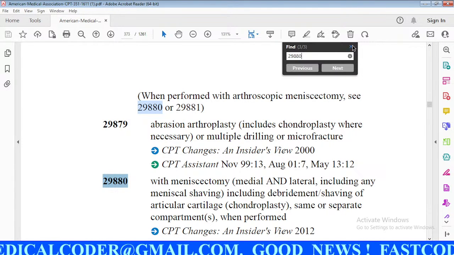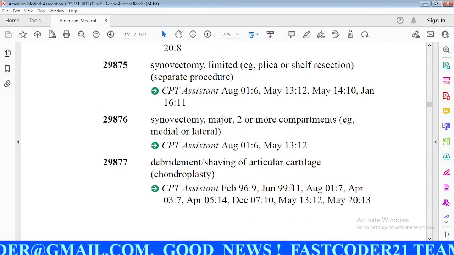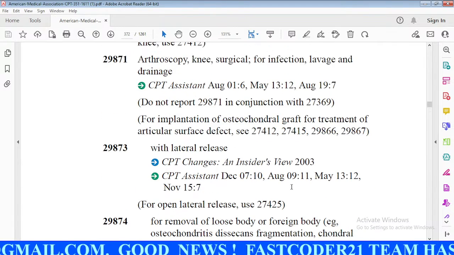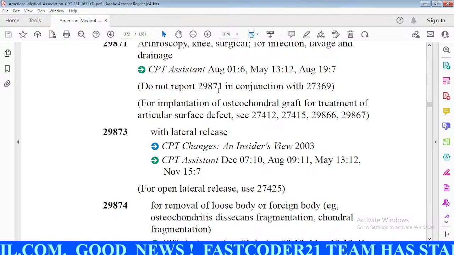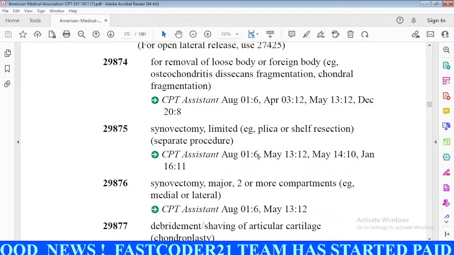Arthroscopy, knee. So this is arthroscopy. Fine. Knee surgical. Okay, fine. So what is 29880?